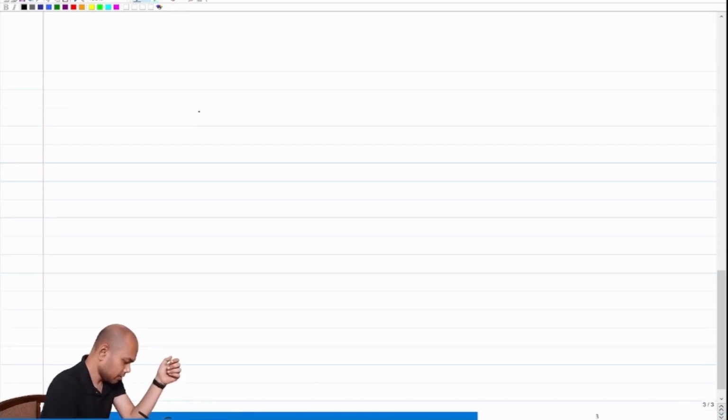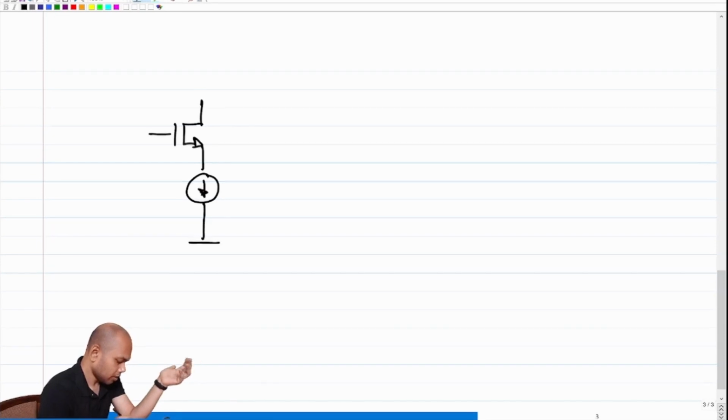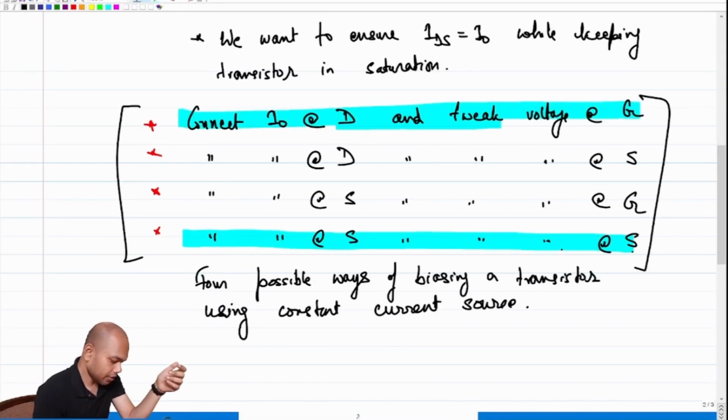So the first thing is we have our MOSFET, and the problem statement is I need to connect the constant current source at the source, right? And we have to do something at the source. We'll do that, but the moment I say I am interested in the last configuration, what am I saying?